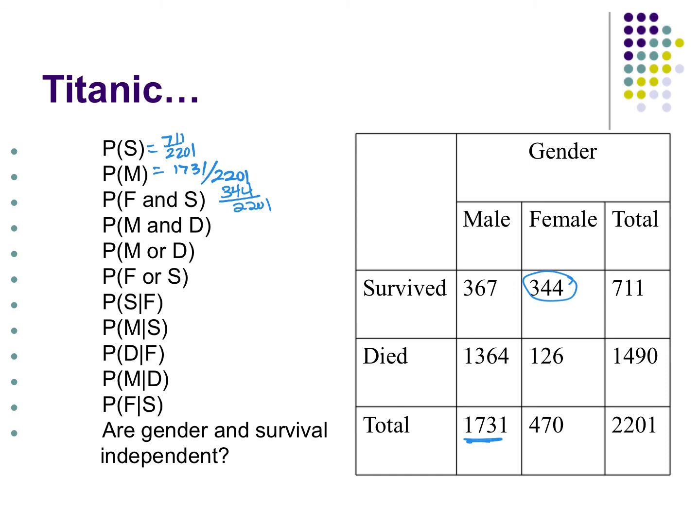Okay. Now, sometimes it is nice to look at the decimal because it's really hard to compare fractions, right? So 15% chance that a randomly chosen passenger was female and survived. What's the probability that a randomly chosen passenger was male and died? Over 2201.